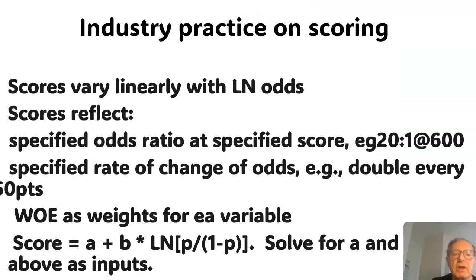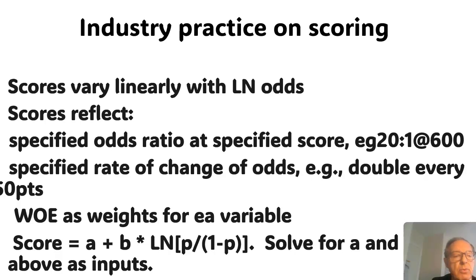Now, the industry practice on scoring is that we want scores to vary linearly with the natural log of the odds ratio. And further, we pick two arbitrary but baseline assumptions. We want a specified odds ratio at a specified score, and commonly it's at a 600 score. We want a 20-to-1 odds ratio. And we want a specified rate of change of odds.